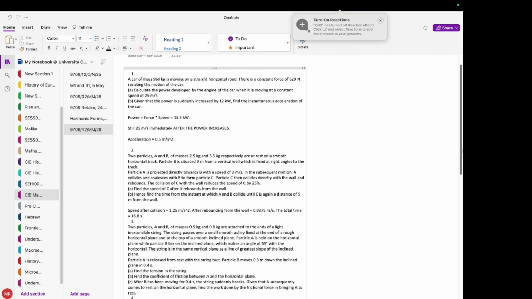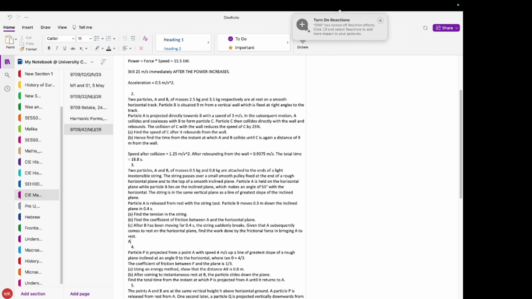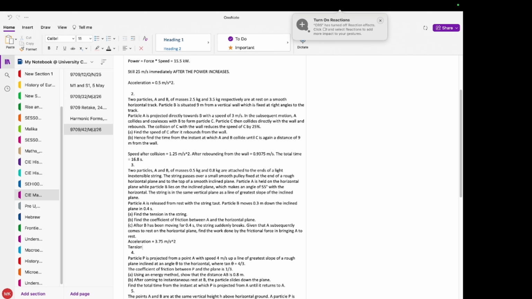Then question 3, there were connected particles. Probably the first question where candidates started losing marks. The acceleration here was supposed to be 3.75 meters per second squared. The tension was supposed to be 3.55 newtons.